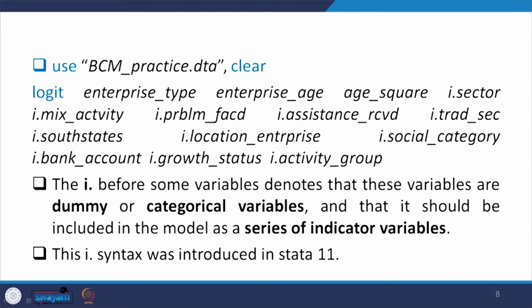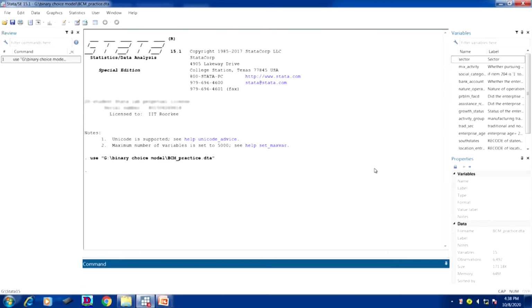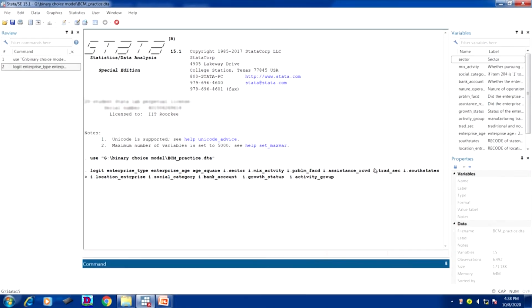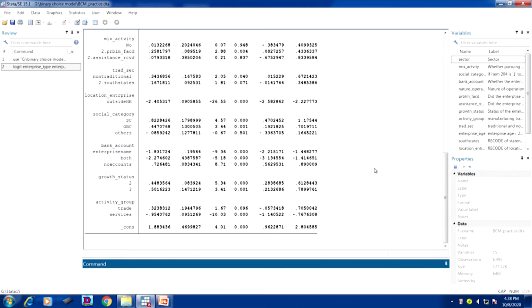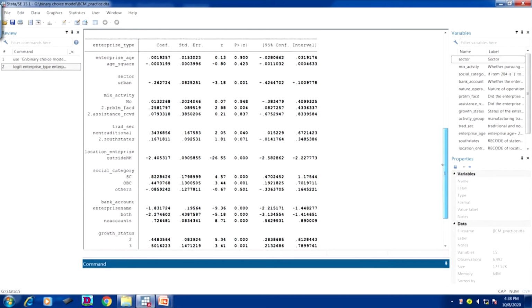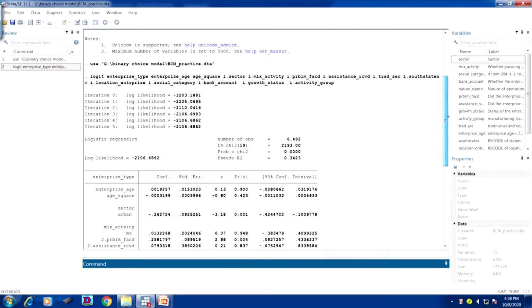Now, let me operate all the variables that have been listed, and we are running it. Okay. So, once I run all those variables with Logit, it gives the result very quickly.